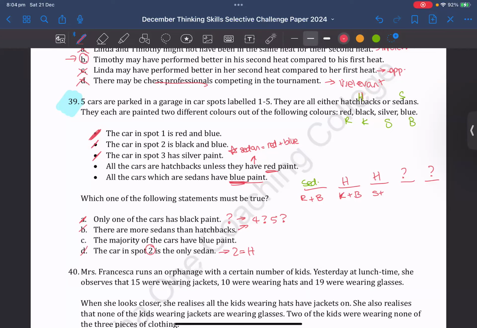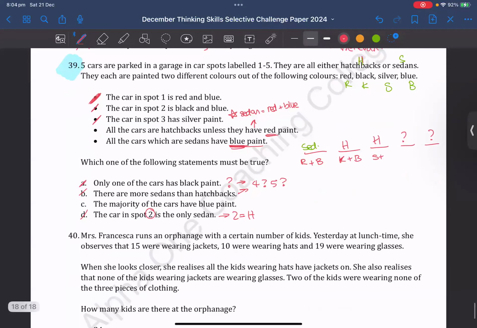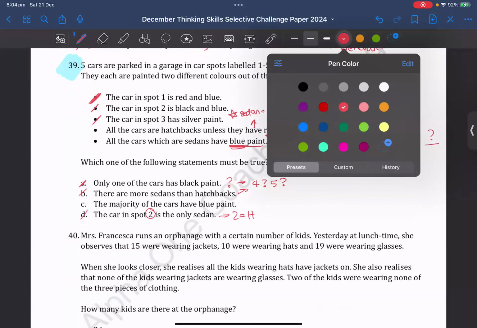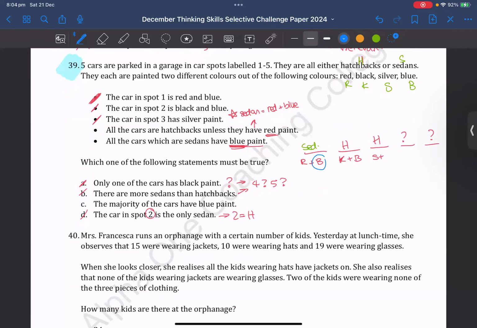Now, going back to option C, the majority of the cars have blue paint. This is actually correct. I'm going to circle the ones that we know have blue paint. So these two have blue paint. It says all cars which are sedans have blue paint, but that doesn't mean a hatchback might not have blue paint.